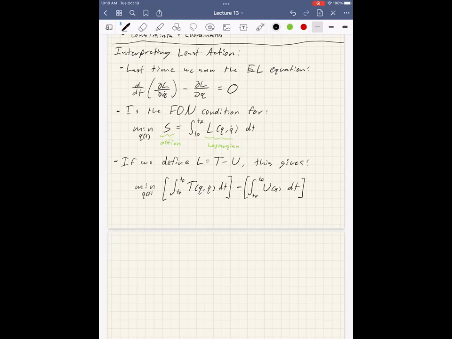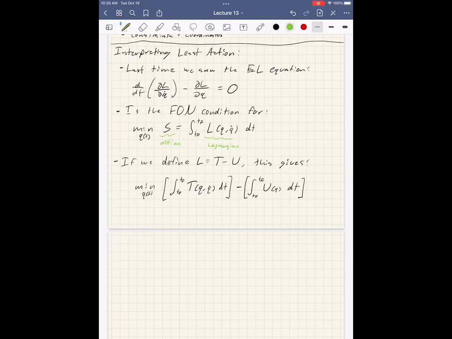The way I think we're going to interpret this is it's essentially the average kinetic energy. If I stuck a 1 over big T out front, it would be the average, so we'll call it the average modulo a constant. Does that sound good to everybody? And similarly, this guy is the average potential energy of the system over the whole trajectory.